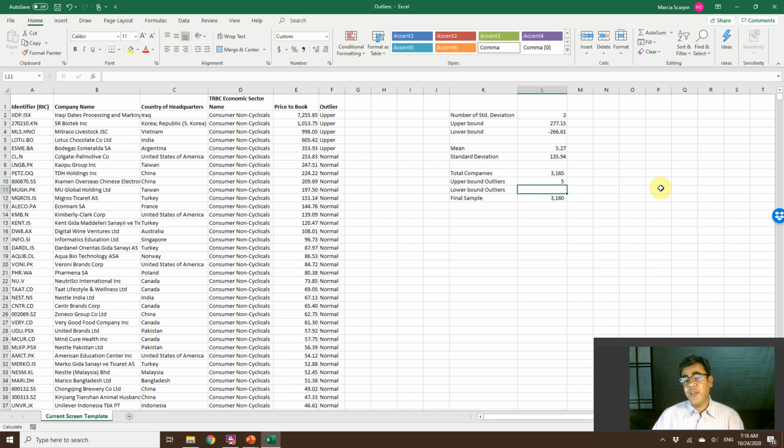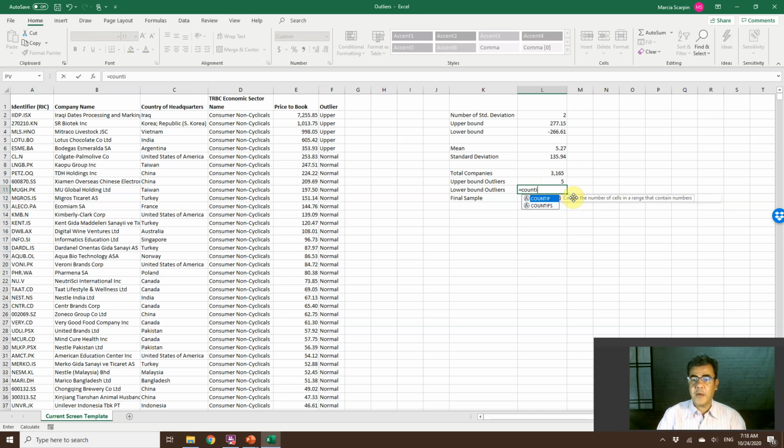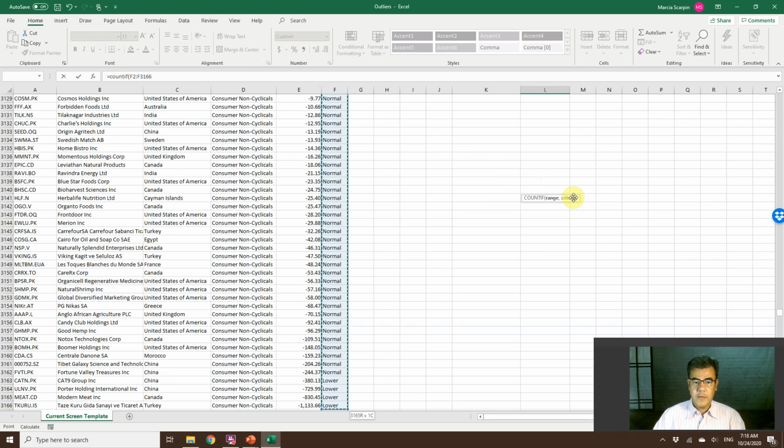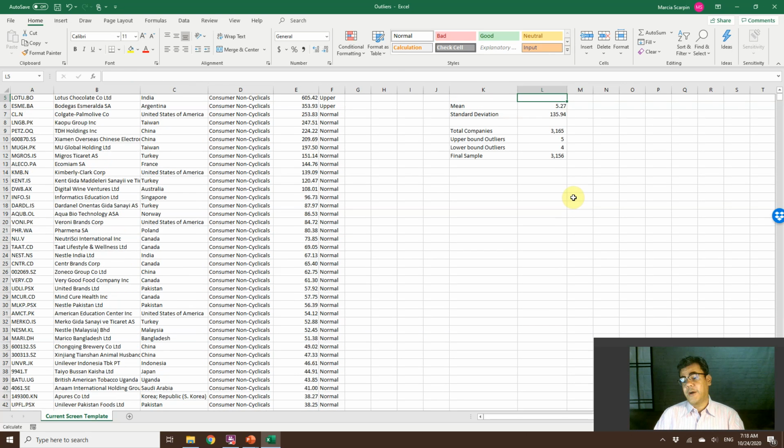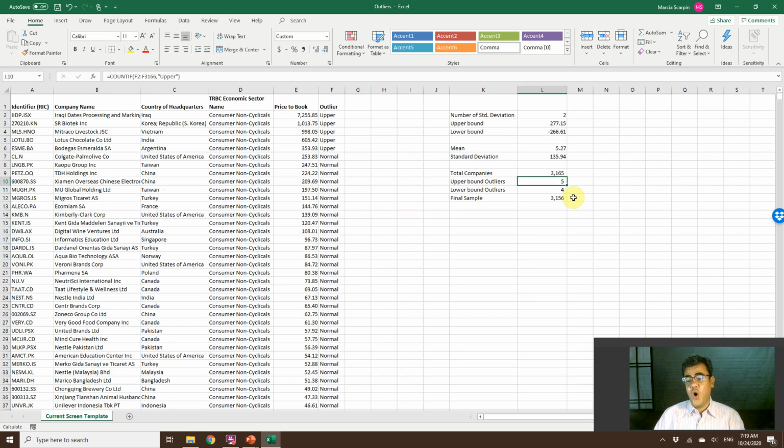We have 5 upper outliers. 1, 2, 3, 4, 5 here. Lower, the same formula, COUNTIF. This one, our criteria is lower. 4. So we have here only 9 outliers.